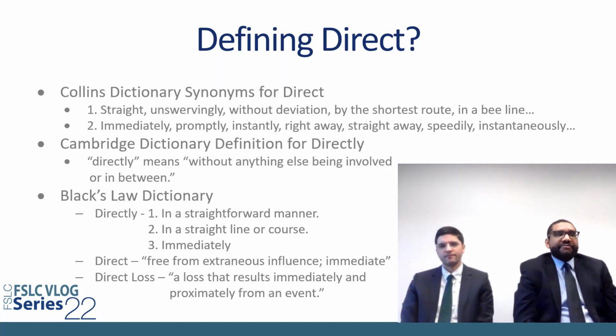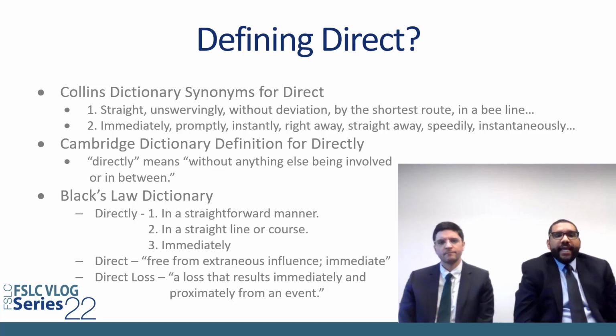So how should we define direct? Here we have a Collins Dictionary synonym, and the synonyms for direct are straight, without deviation, in a beeline, also immediately or promptly or instantly. You also have the Cambridge Dictionary that says directly means without anything else being involved or in between.